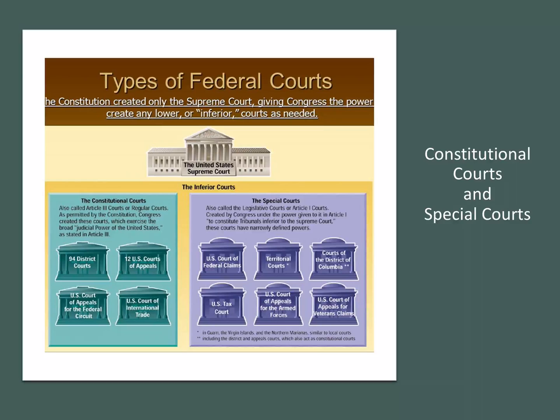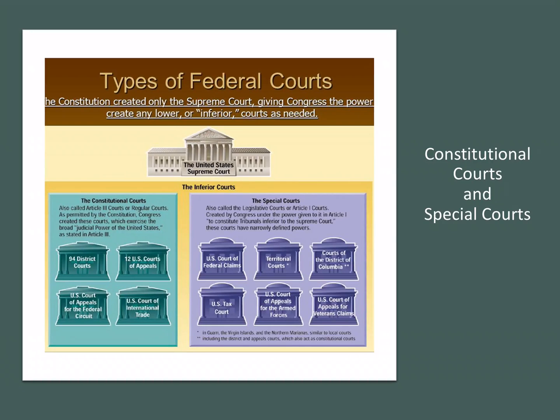All right, so these are types of federal courts that are established, that are hinted at in the Constitution. But like I said, only the Supreme Court is created. So we have district courts and courts of appeal, and pretty much those are the only ones that we're going to focus on.